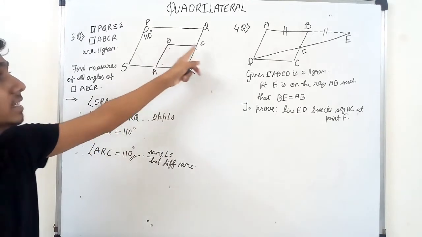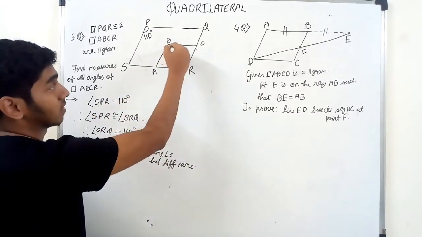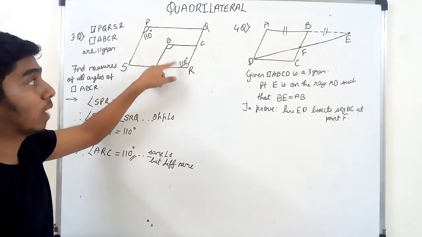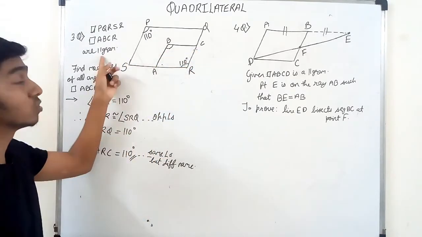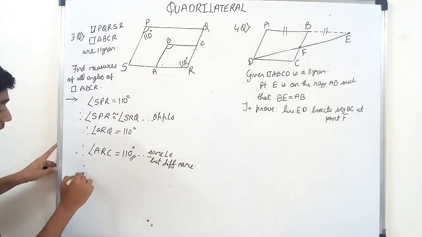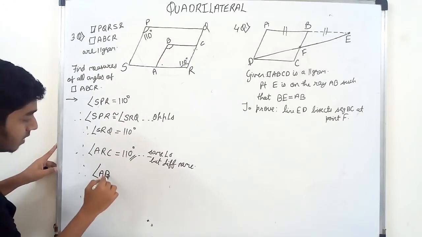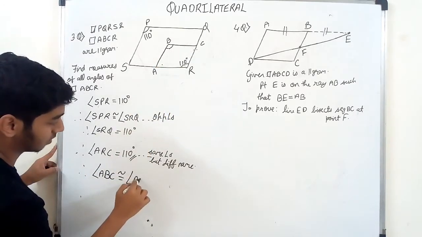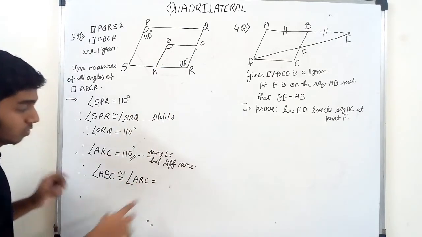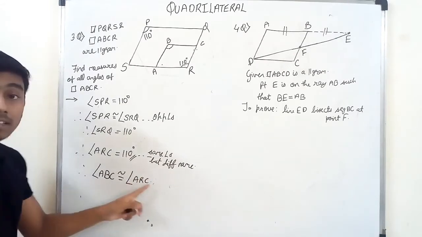Now can we say ABC is congruent? So this and this, these two angles, they are congruent. Why? Because ABCR is also a parallelogram. So therefore we can say ABC is congruent to ARC. Yes or no? Why are we saying this?